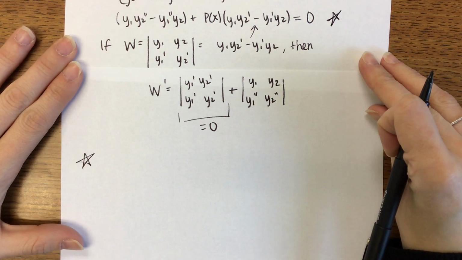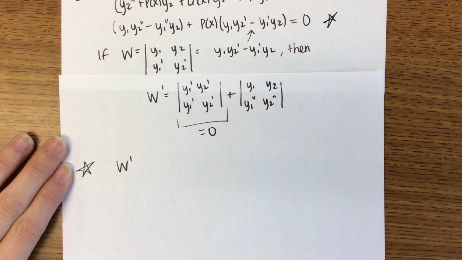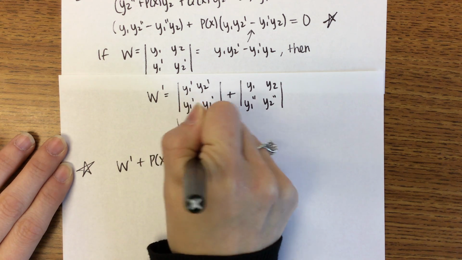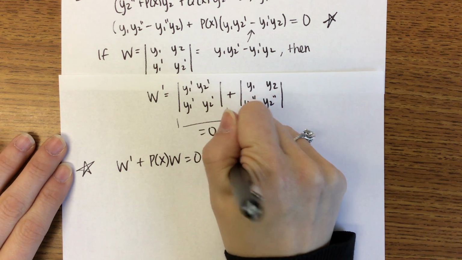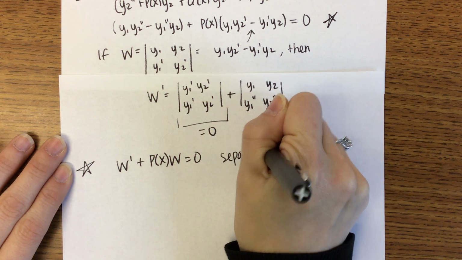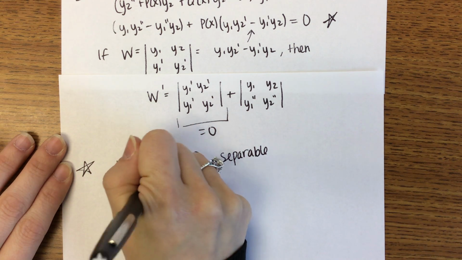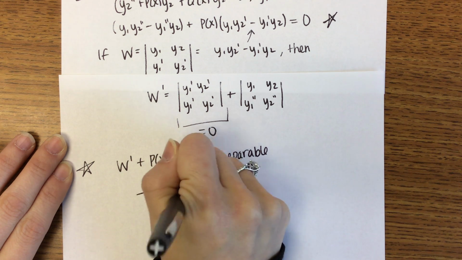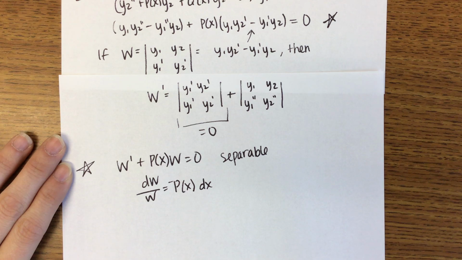Okay, so what that equation becomes is the derivative of the Wronskian plus p of x times w equals 0. This is separable, so we're going to solve that by separation. dw over w is equal to negative p of x dx.